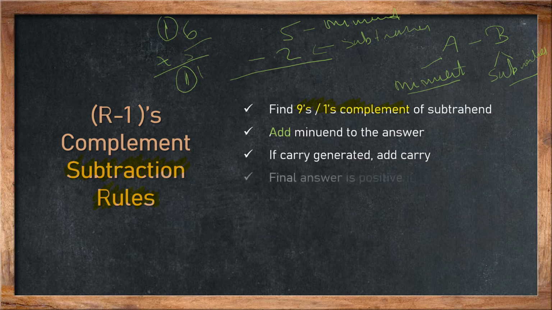The next rule says the final answer is positive if carry is generated. This is the most important thing: how will you know whether the answer is positive or negative?